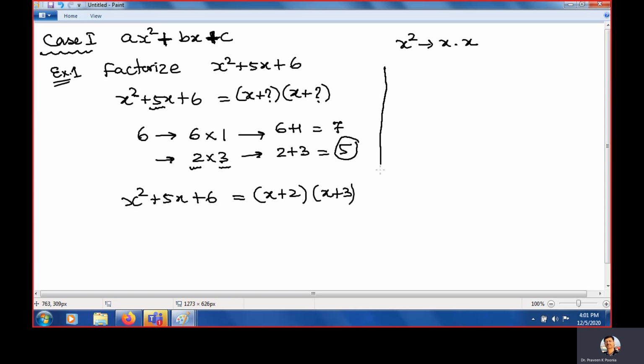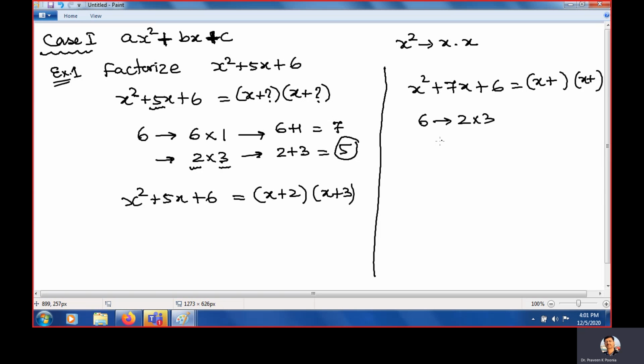But look, my dear, if the question is x square plus 7x plus 6, clear? Then the question is same to same. There is no change here. Answer will be x plus and x plus. But what will be the factors? 6 is 2 times 3 and 6 times 1. Same factors of 6 like we have in this part here. But 2 plus 3 equals 5 and 6 plus 1 equals 7. And what are we going to use here?